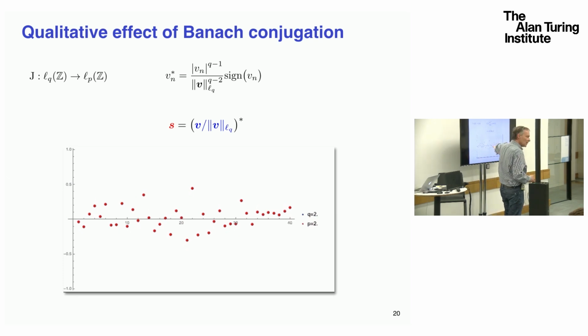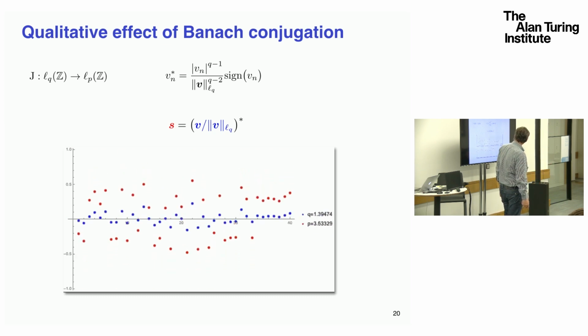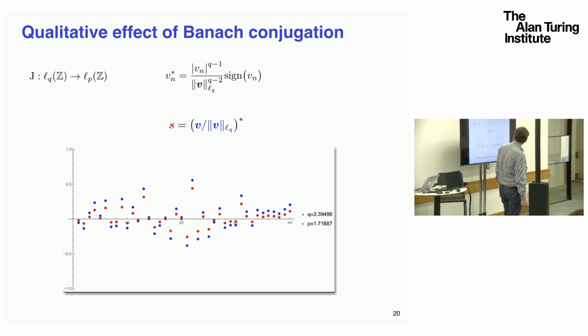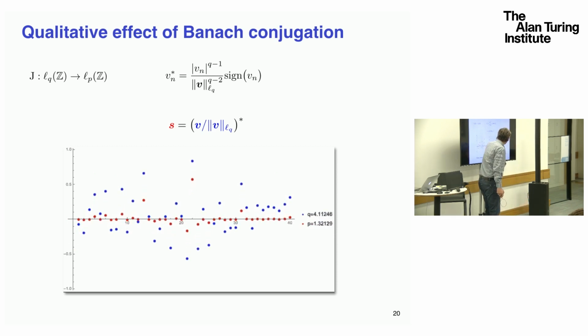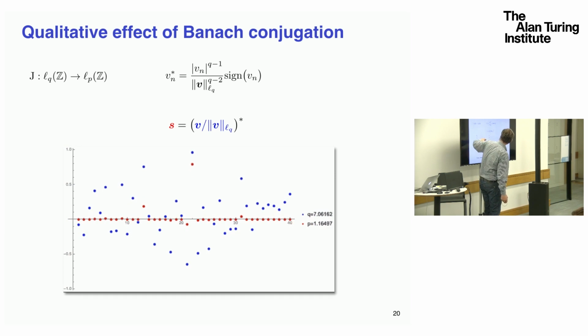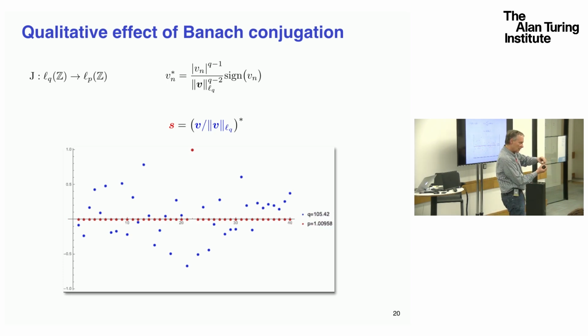I'll play a movie, keeping the same vector, and I will just compute the conjugate as I vary P. See what happens? At 2, they were equal. Now we are getting to the case P equal 1. And see, now just one survives and all the others are tiny. So that's the L1 scenario. This conjugate mapping pushes almost all of them to 0, and there's one that survives.